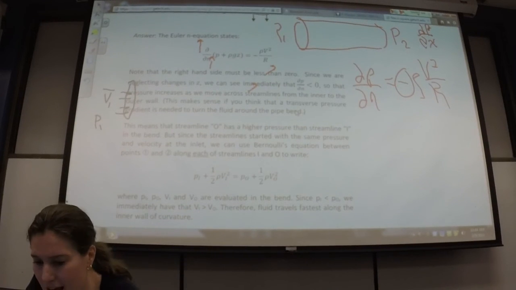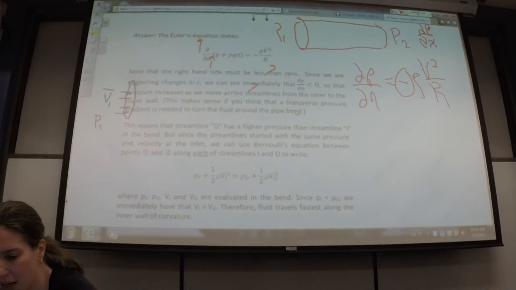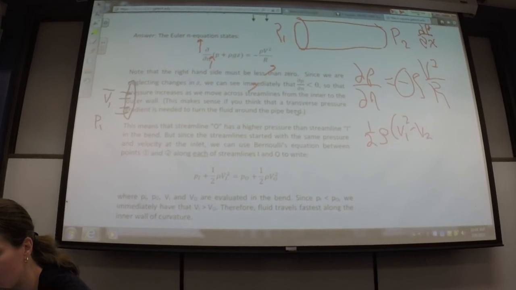Let's look at how this works. So if we've got 1/2 rho V1 squared minus V2 squared equals P out minus P in. And we've already said that this has to be positive, right? Outer is greater than inner.